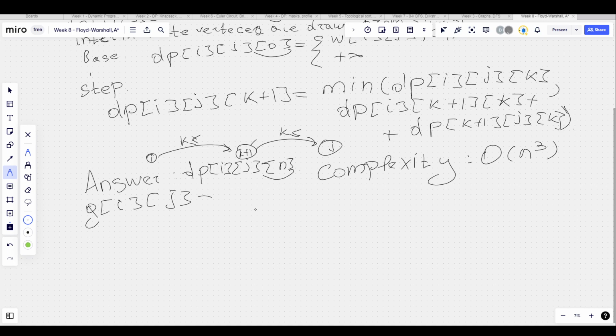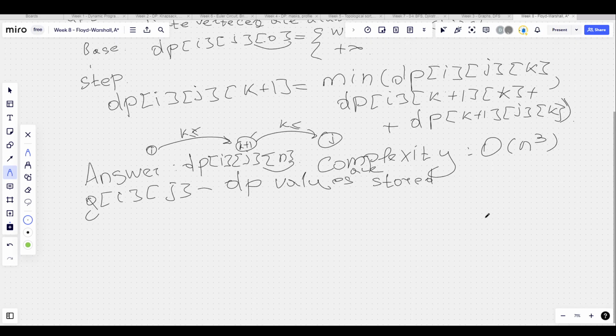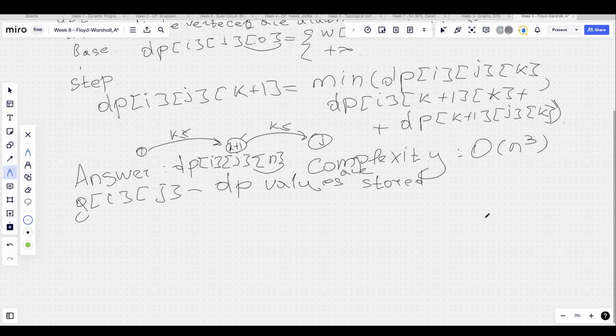We are going to store the values in this array, in G.